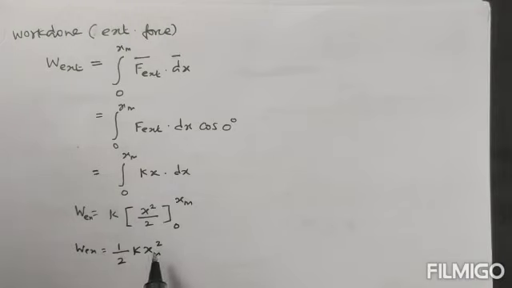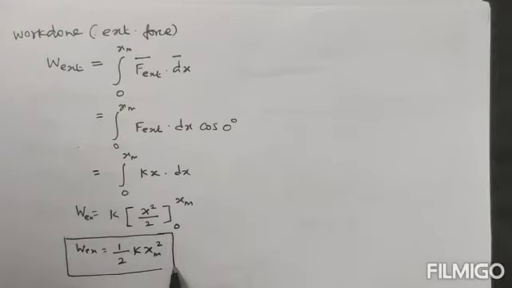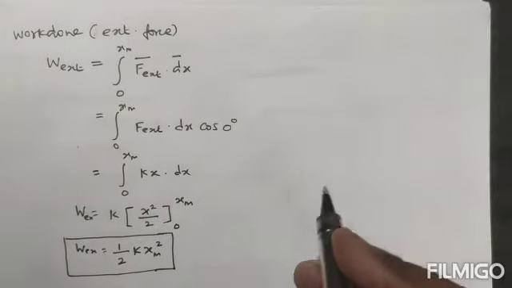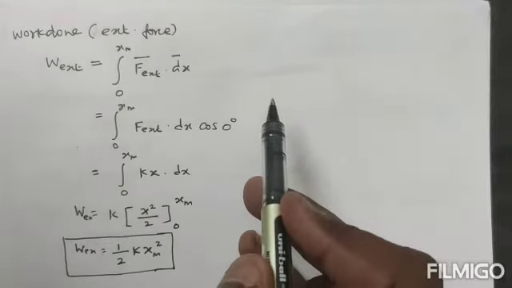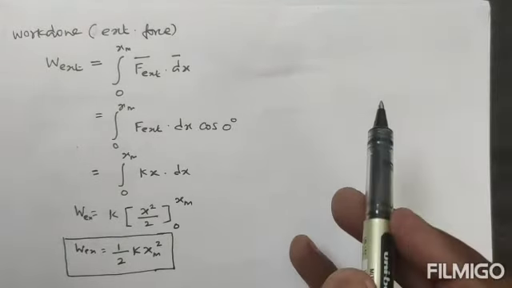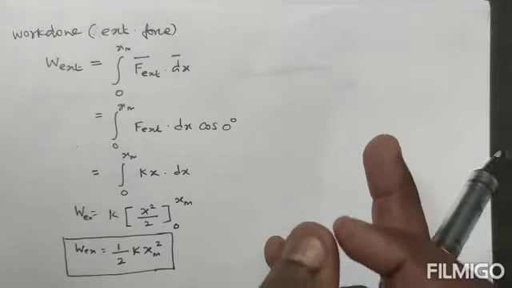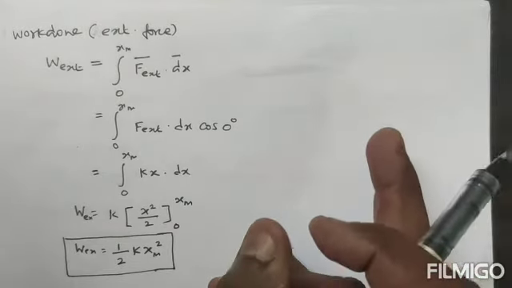Now we got the same value but with the opposite sign, because the work done by the spring and the work done by the external force have the same numerical value but in opposite directions.